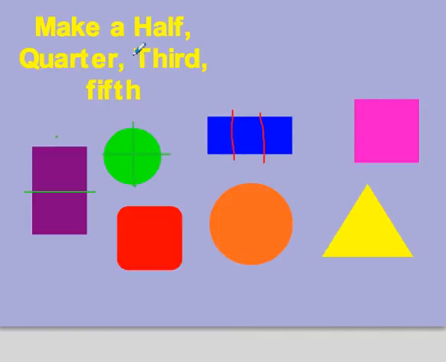Okay, so fifths. When we look at fifths, that's always a tricky one because you can't really do fifths well with certain shapes. A pentagon, you can do fifths well. Circle, you can kind of do a fifth. Let me see if I can do a circle here. So I got 1.